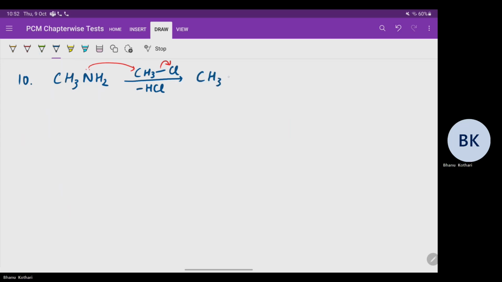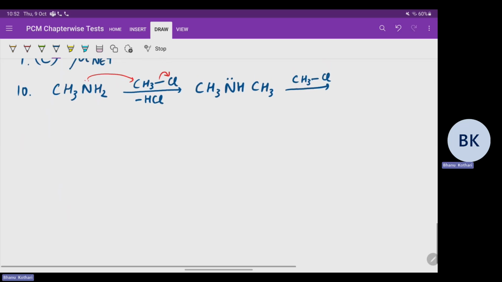CH3NHCH3. But again, this nitrogen still has a lone pair. So since the CH3Cl is given in excess amount, it will react with one more mole of CH3Cl. What will happen? The lone pair of nitrogen will attack on CH3, and again, Cl will depart.